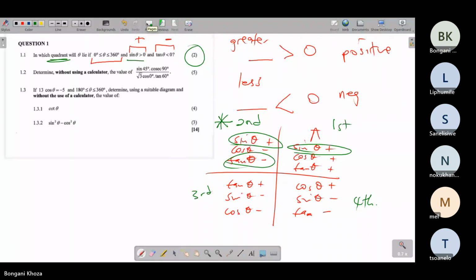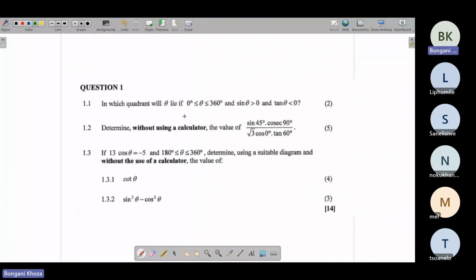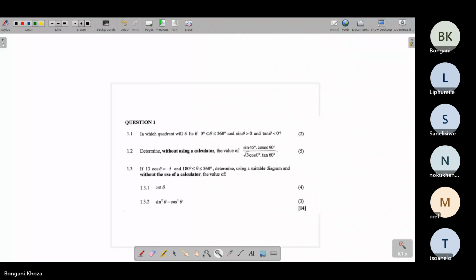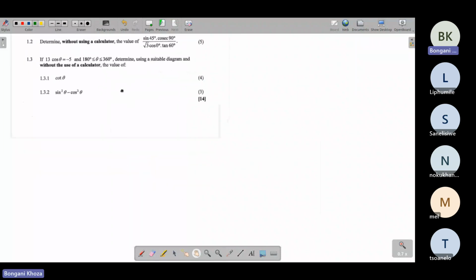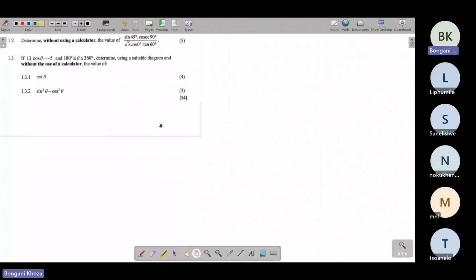All right. Following question. We are supposed to determine without using a calculator the value of that. So immediately if they're gonna ask us that, they're asking us to remember our special angles, right?